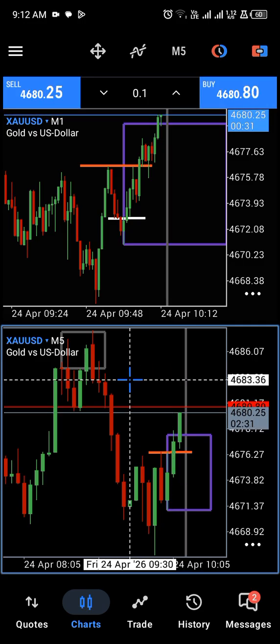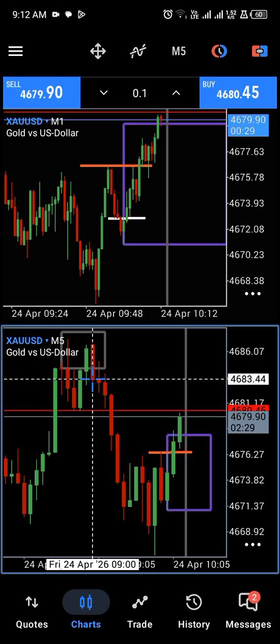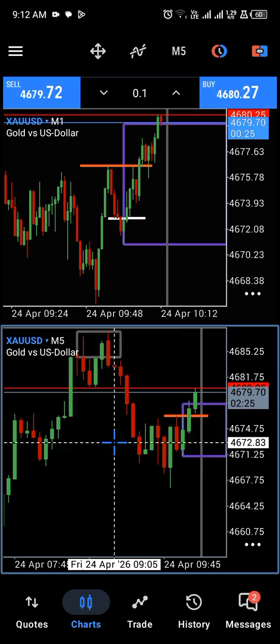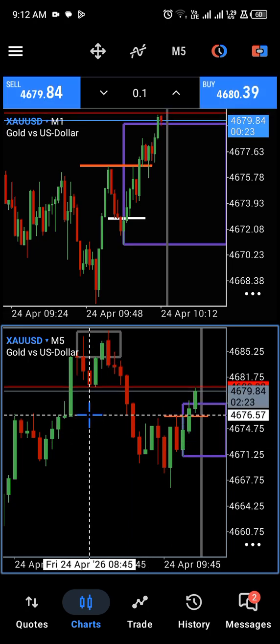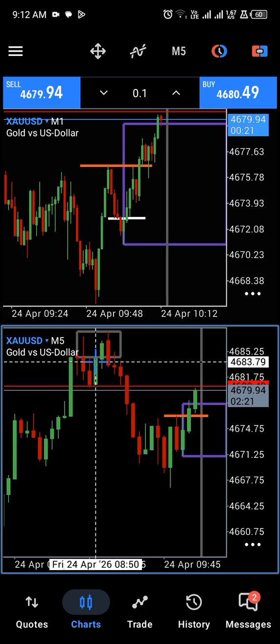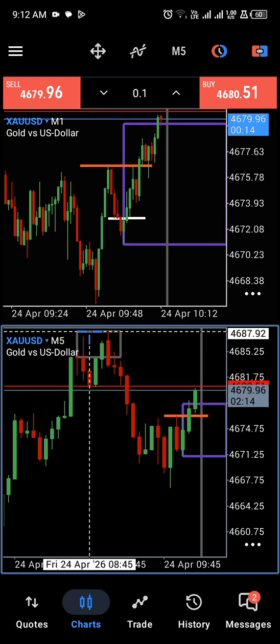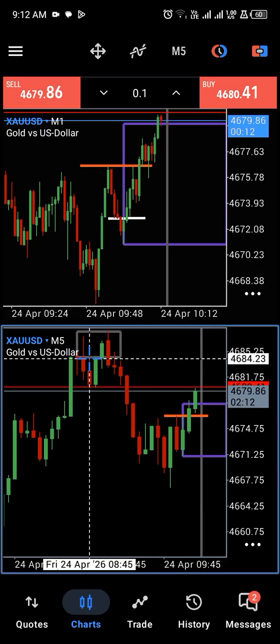Why? Because we can see here, let me just push this chart forward a little bit. What I'm seeing here is there was an aggressive buy, and after that aggressive buy, the same buyers have been trying to push the price up here, but sellers aggressively defeated these buyers.